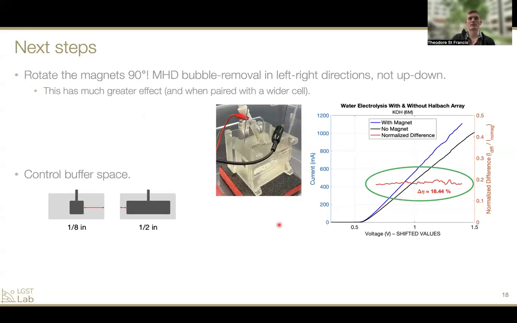Controlling the buffer space on either side of the electrode would help control that parameter because that allows bubbles to evacuate past the electrode, and therefore they have less influence on the ohmic loss in the cell with the larger gap here.